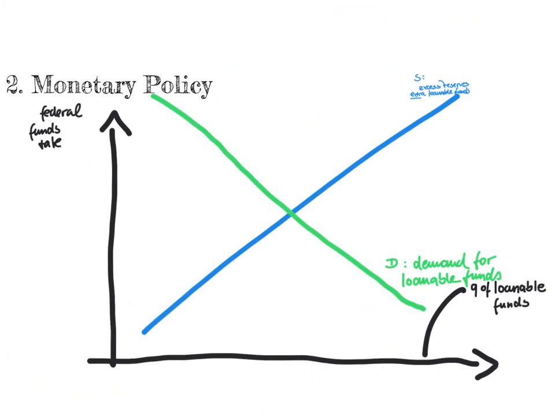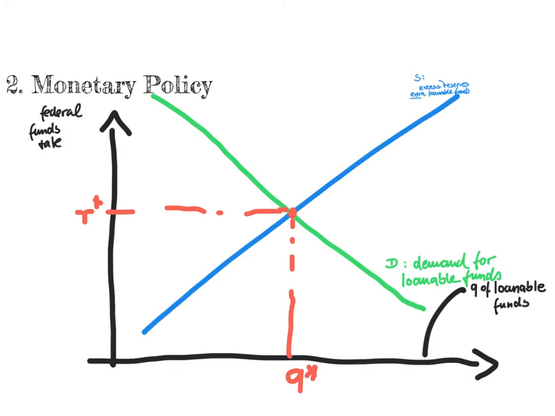So the equilibrium that we have here is an equilibrium quantity of loanable funds, and then we have the prevailing interest rate, and I'm just going to call this lowercase r, for the federal funds rate. Now remember that the federal funds rate is the determining interest rate in financial markets.